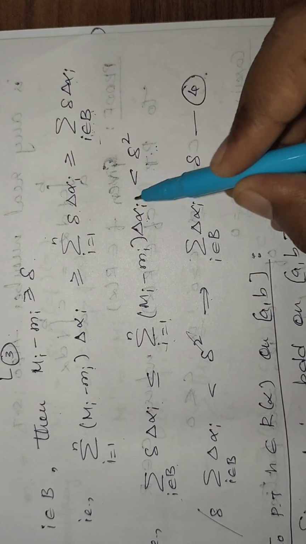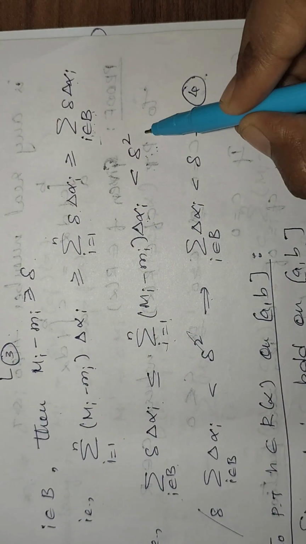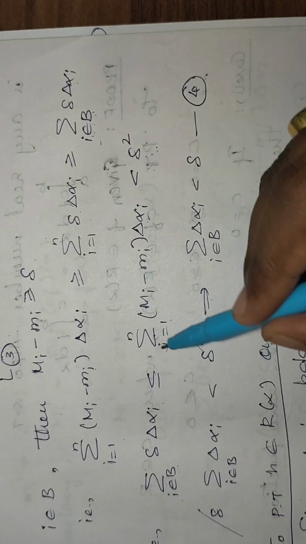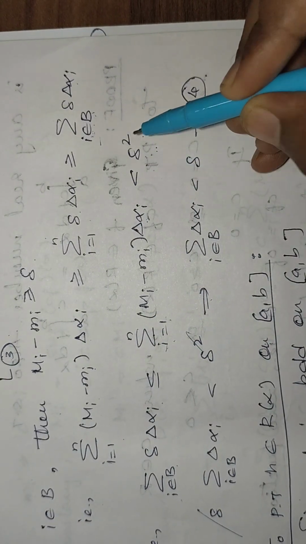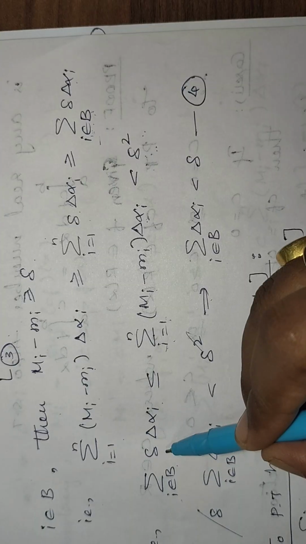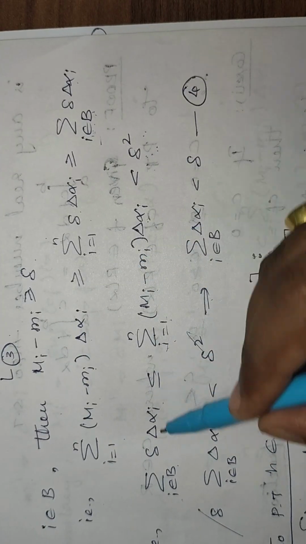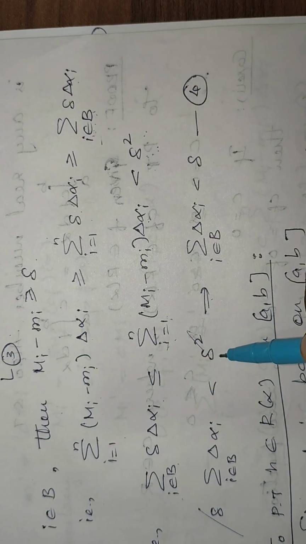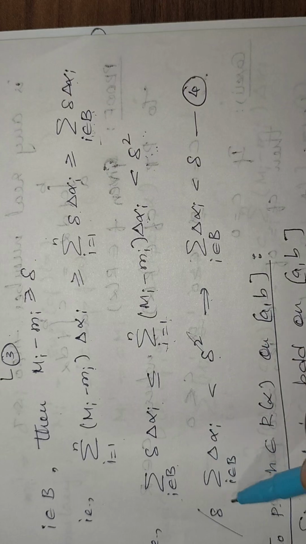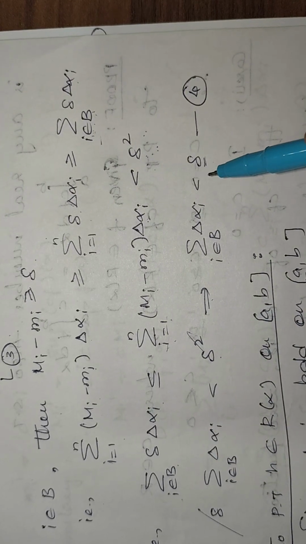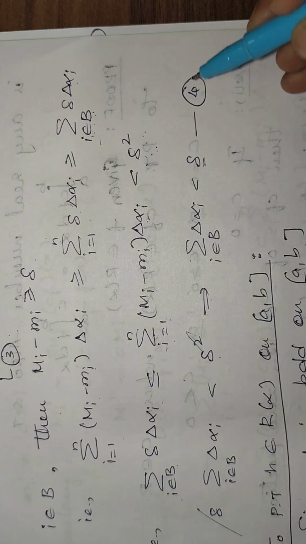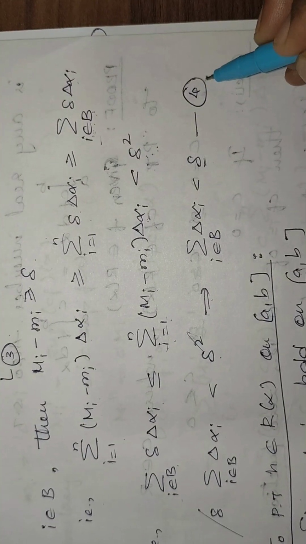If the overall sum i equal to 1 to n is less than delta square, then obviously this sum, which is less than this, will also be less than delta square. Delta on both sides will get cancelled and you will be left with only one delta on the RHS. So name this as equation 4.